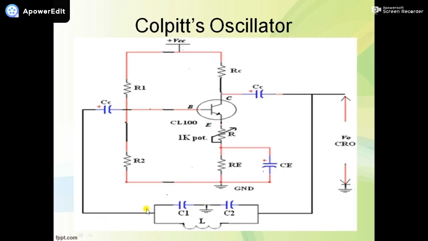The output of the LC tank circuit is a damped signal.